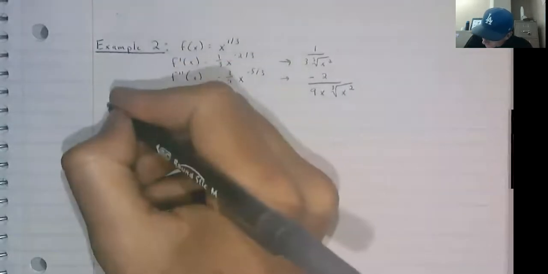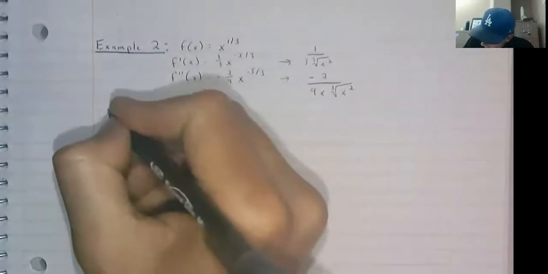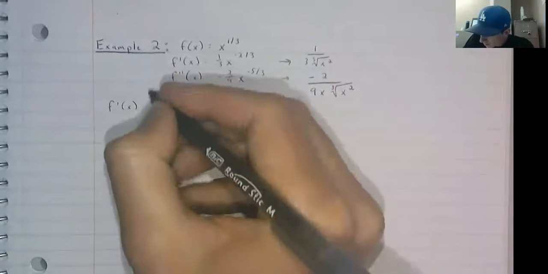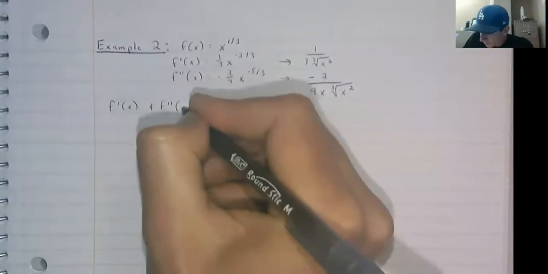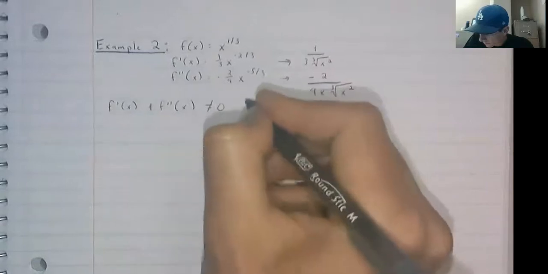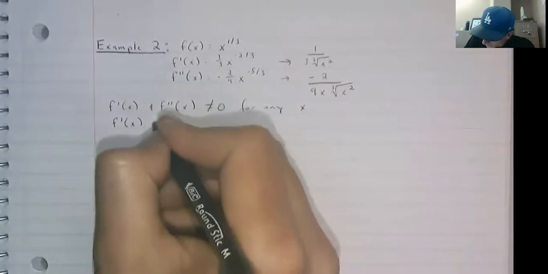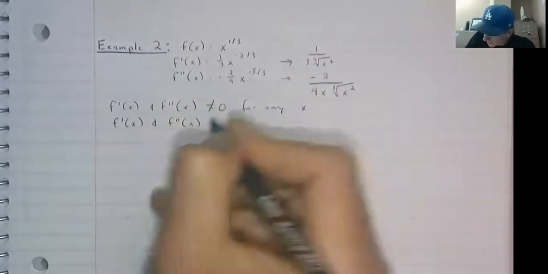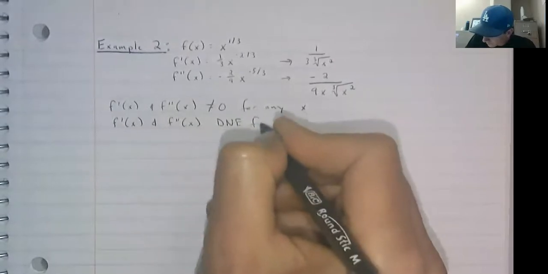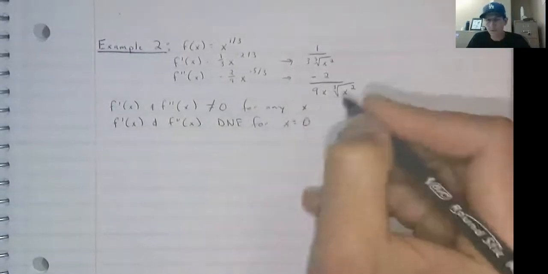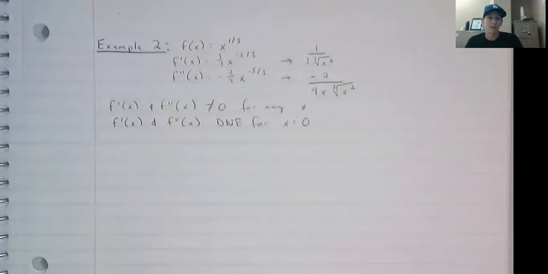So f double prime of x does not equal 0 for any x, but both f prime of x and f double prime of x do not exist for x equals 0. Okay, so what this example is going to show us is that we can have a point of inflection even if we have a non-existent second derivative. Okay, so it's not, oh, you have to have double prime equal to 0.